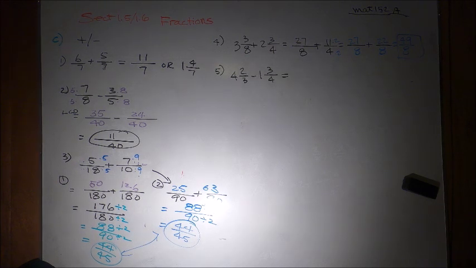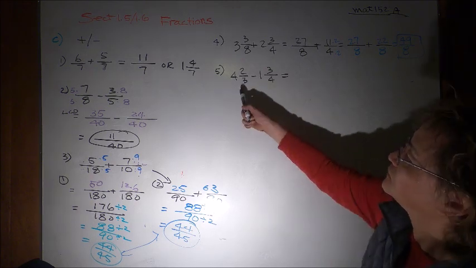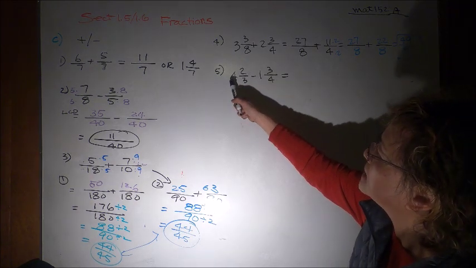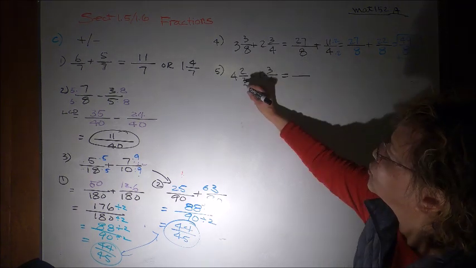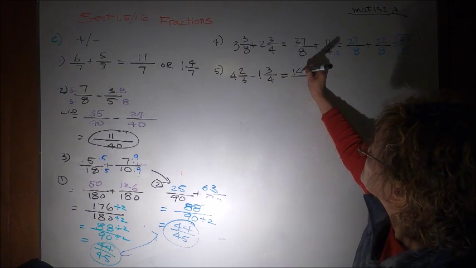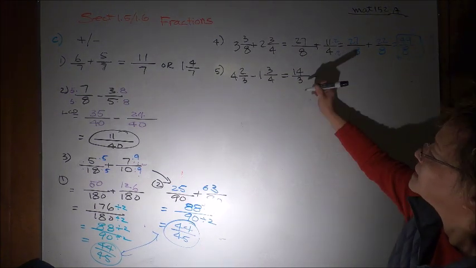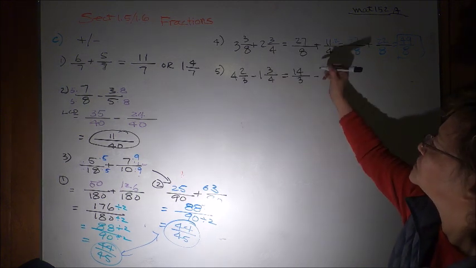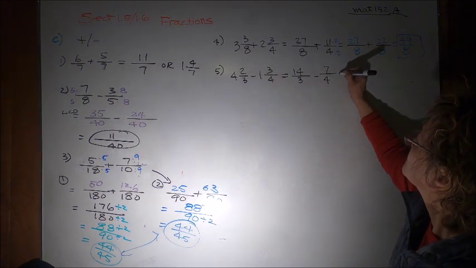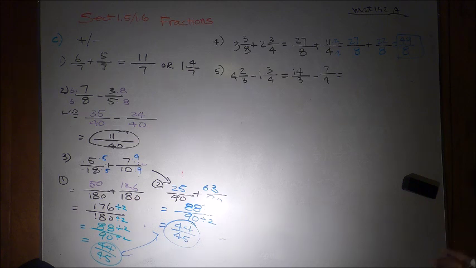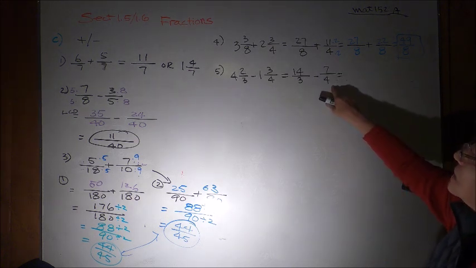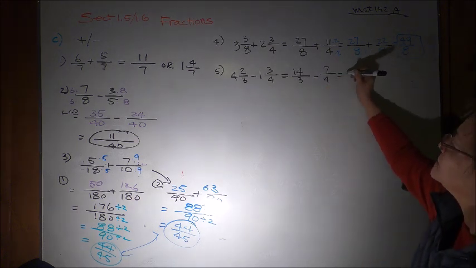Let's look at the next one. Let's just change to improper fractions for the first one, both, right? 4 times 3, 12, plus 2, 14. Right? Next one, minus 1 3/4: 1 times 4, 4 plus 3, 7/4. Then within these 3 and 4, both are primes.